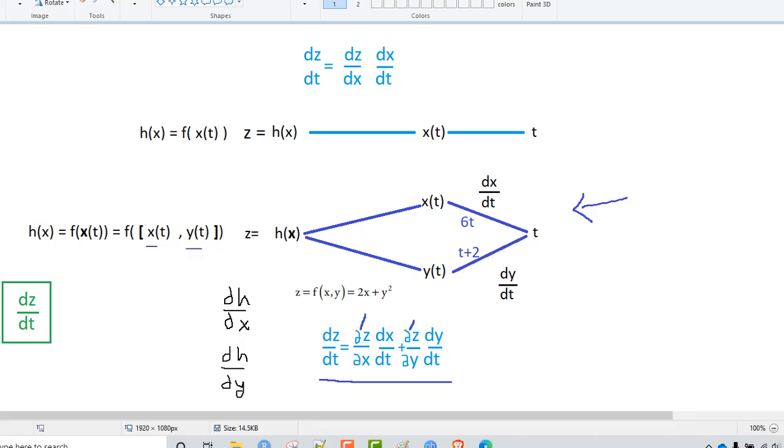Now let's take a look at the example that we did in the book, where z depends on x and y, and then x and y both depend on t.